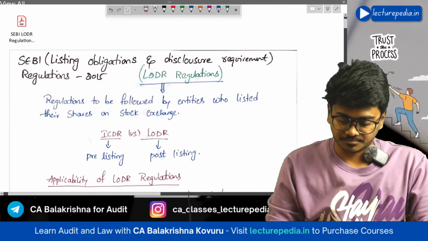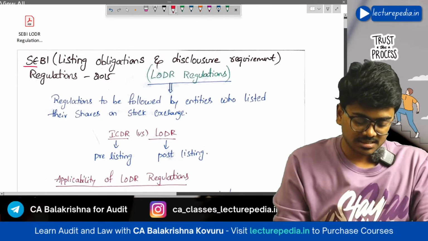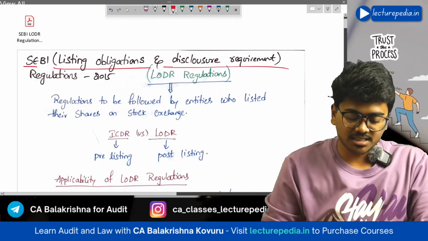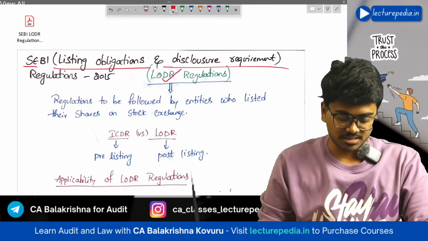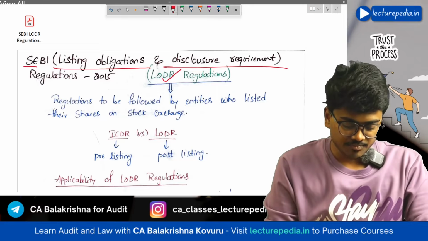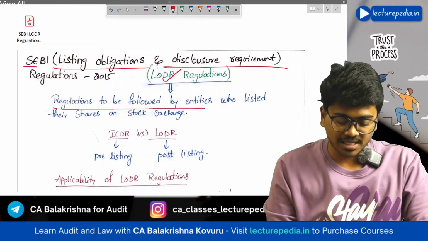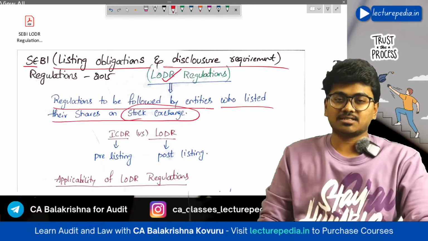See, SEBI Listing Obligations and Disclosure Requirements, shortly we will call them LODR regulations. Now, these LODR regulations are applicable to entities who have listed their shares on a stock exchange.